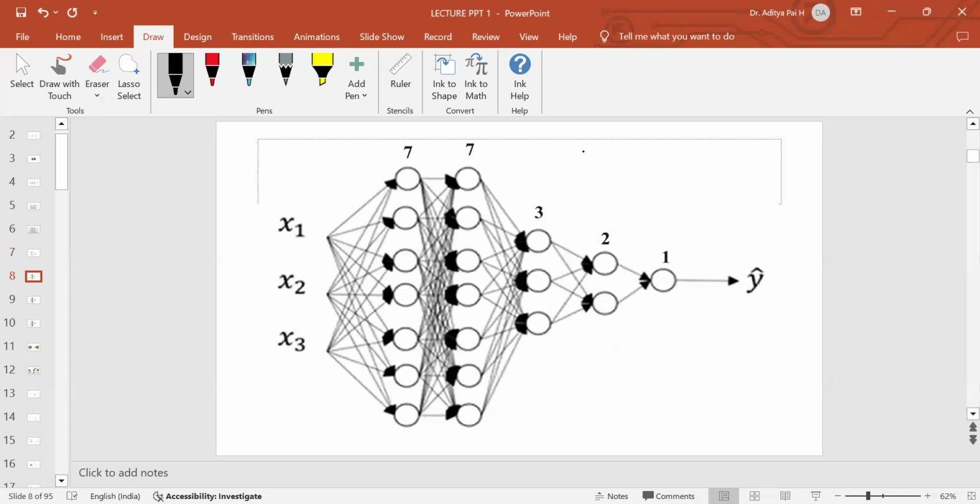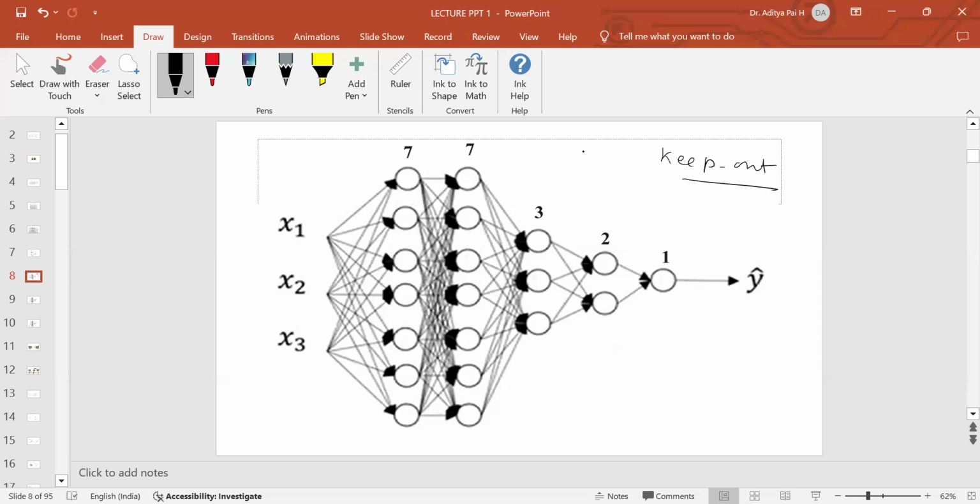Now let's take another example, a network with three input features, x1, x2, and x3. Here we are setting the keep probabilities for different hidden layers.